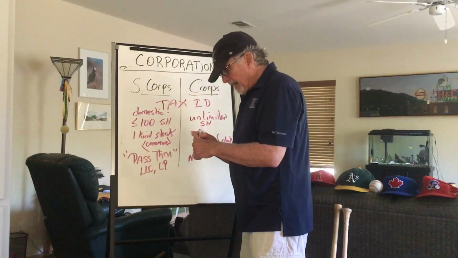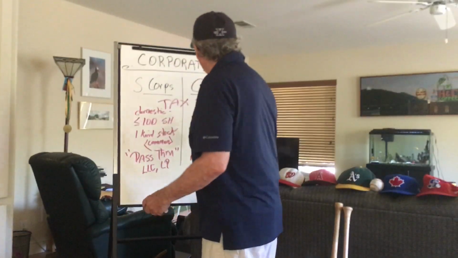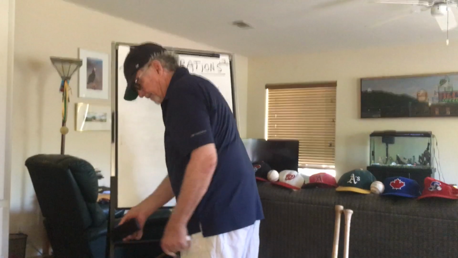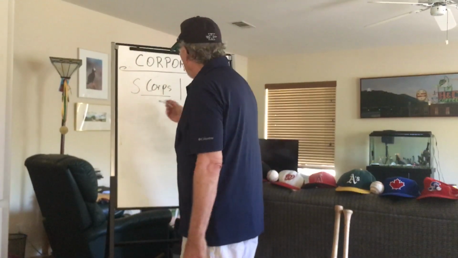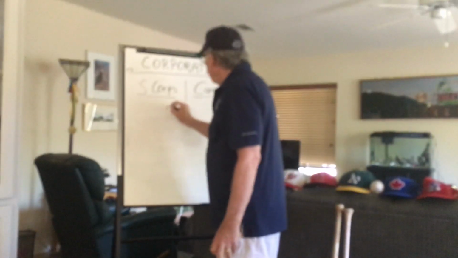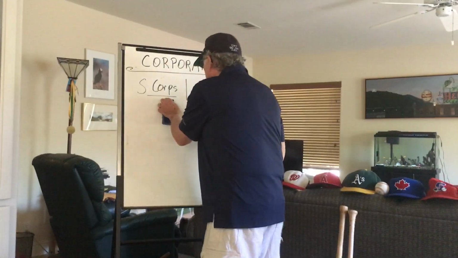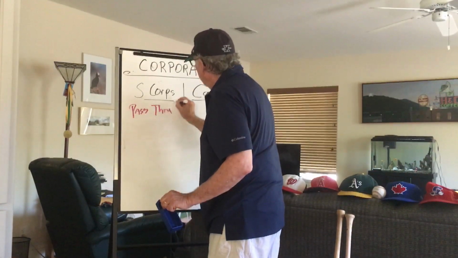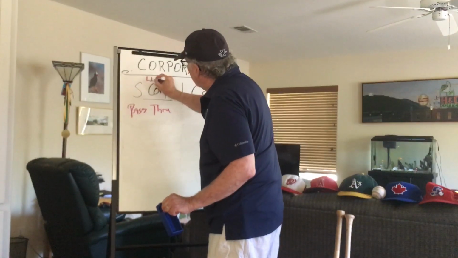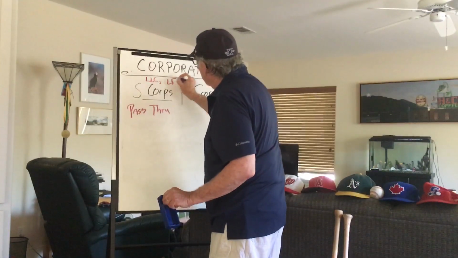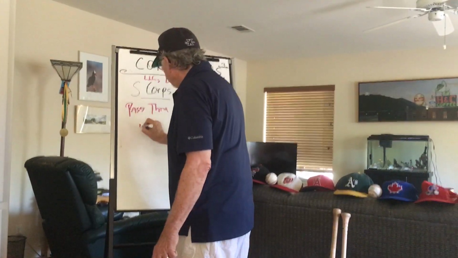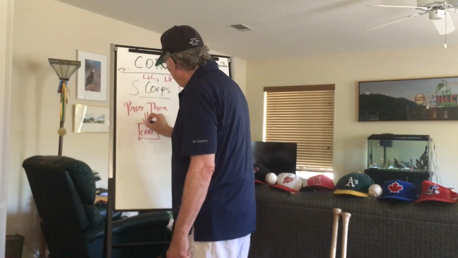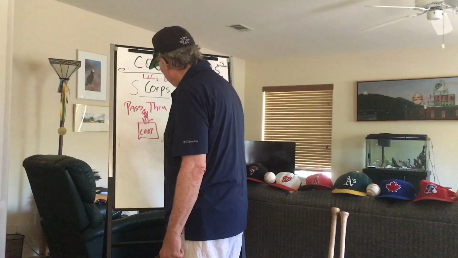A C corporation pays taxes on its profit. And I am going to draw you a diagram of the taxation. This is pass through. And remember, it's not only S corporations, but it's LLCs and limited partnerships. Okay, here's pass through. Here's your corporation. Here's the money coming in.